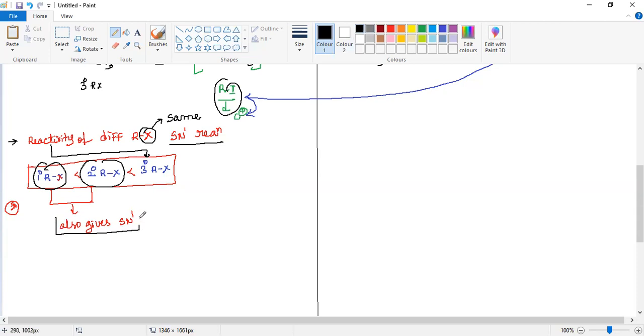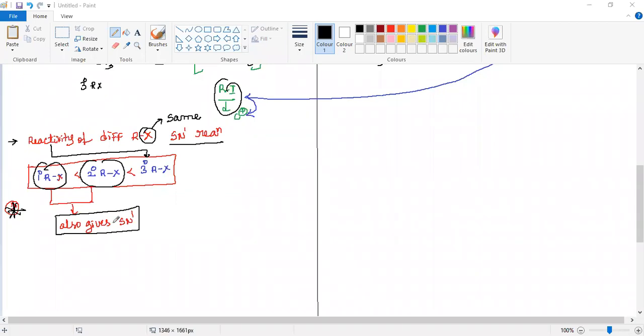On which condition? Generally, the tertiary alkyl halide only is most favorable towards SN1. But a very important point: in a few cases, primary and secondary alkyl halides also give SN1.